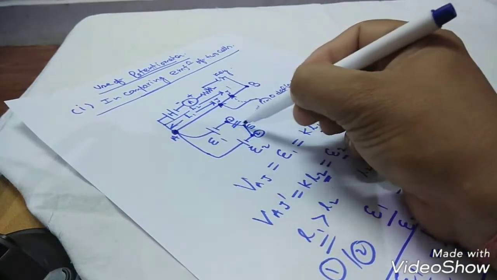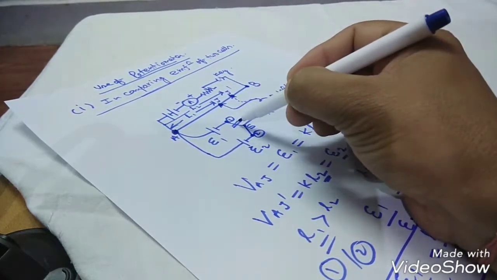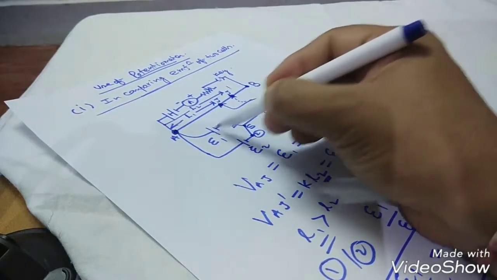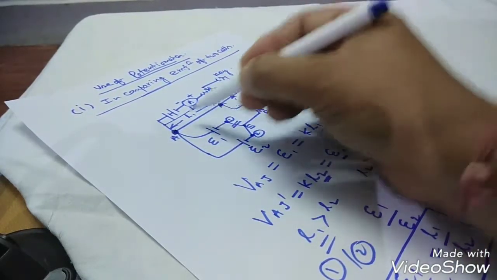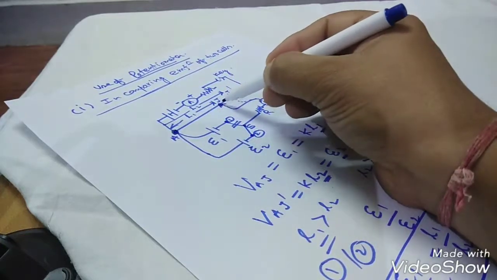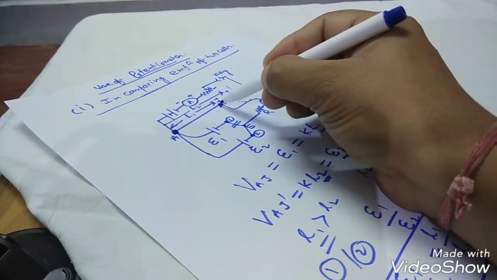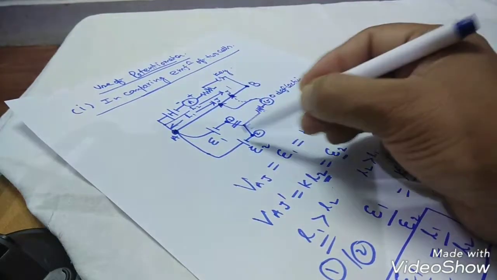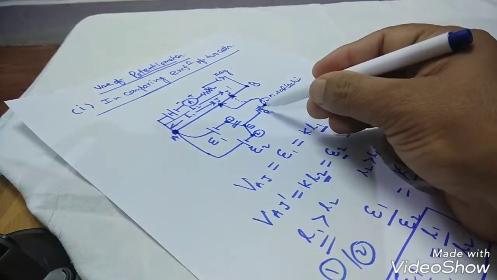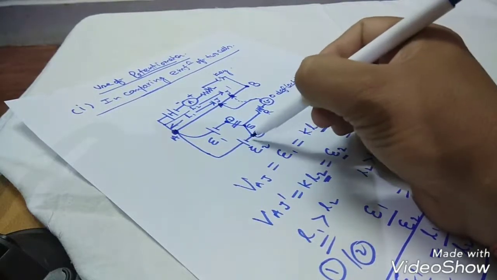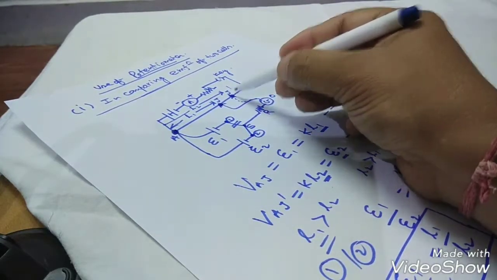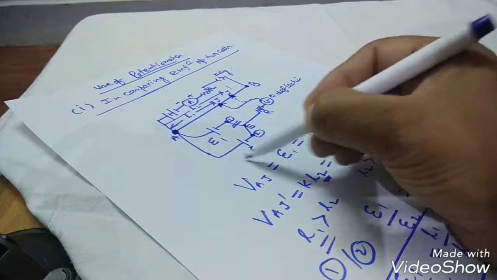Firstly, this cell will be brought into the circuit and current will pass through it, and this EMF will be balanced by the potential drop across the length of the potentiometer wire, VAJ, and then the other cell will be brought into the circuit, and the potential drop VAJ dash will balance EMF E2.